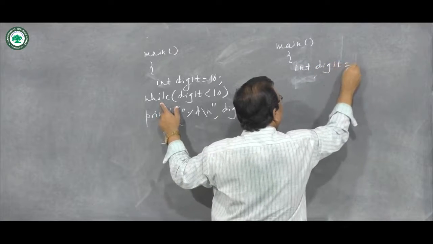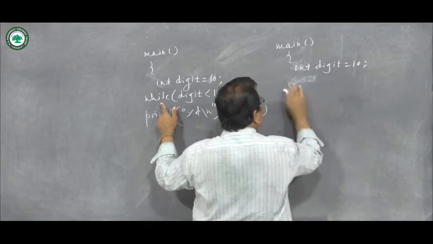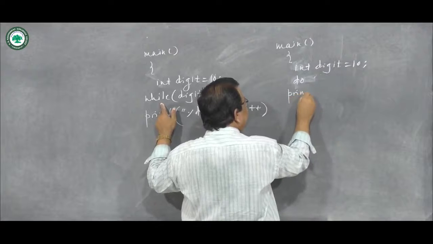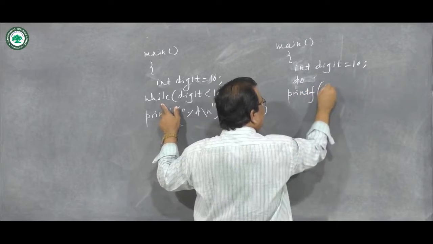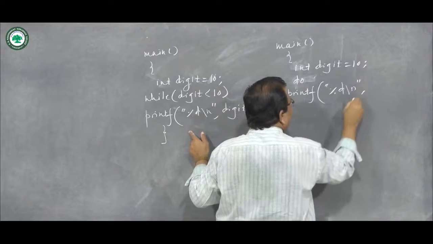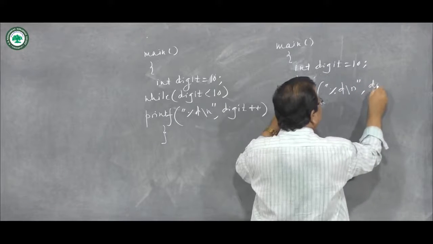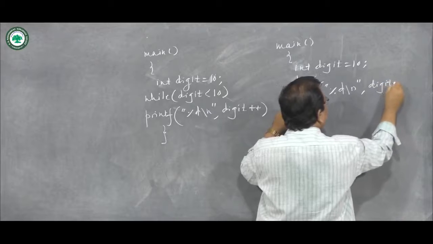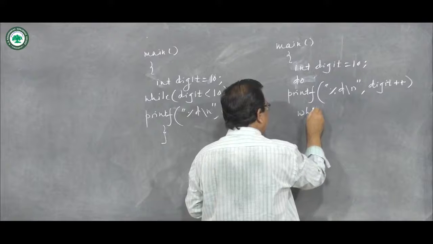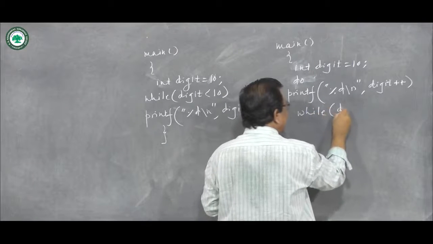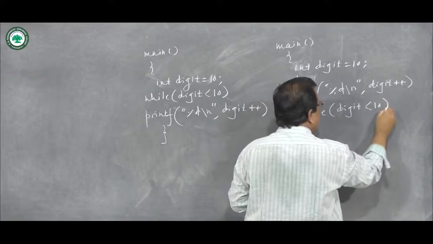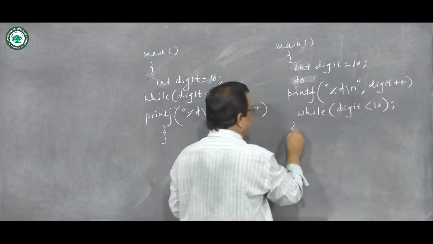I am initializing it to 10, then do, then the statement, namely printf("%d\n", digit++), and then while, and the condition is digit < 10. After while there is a semicolon in do while.